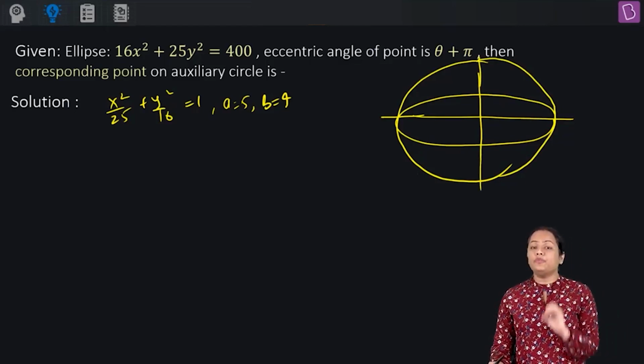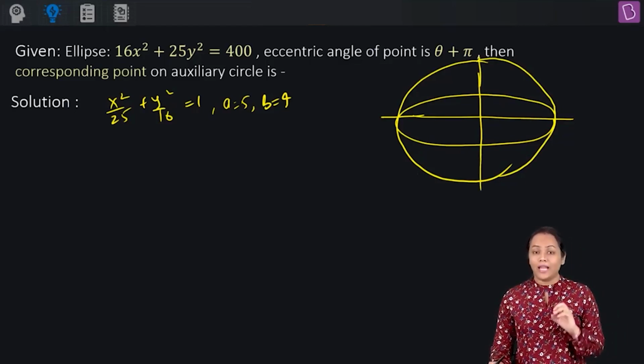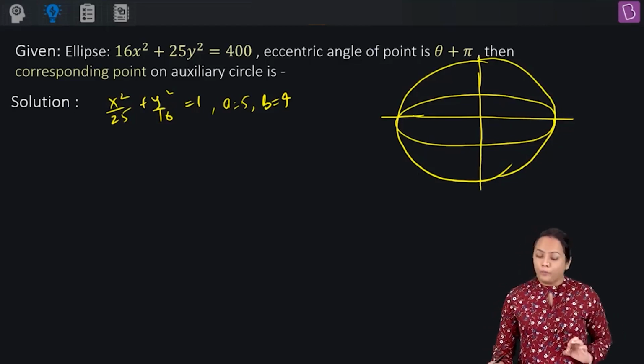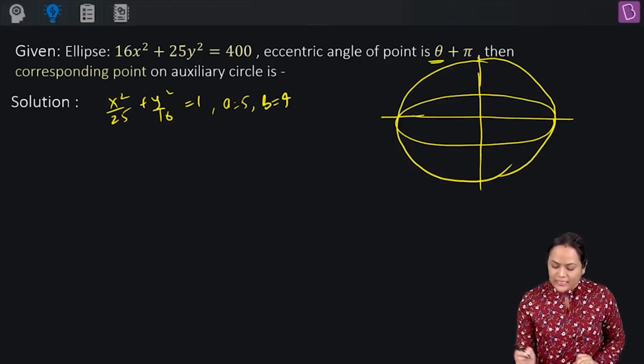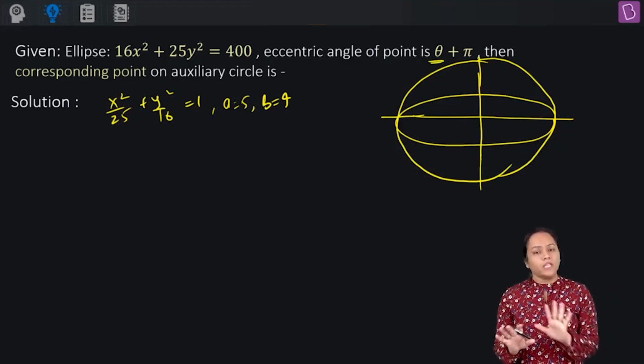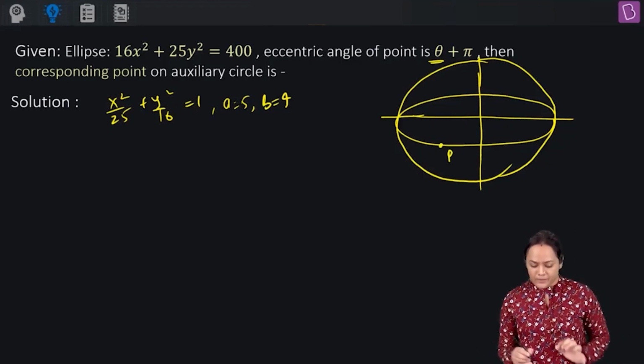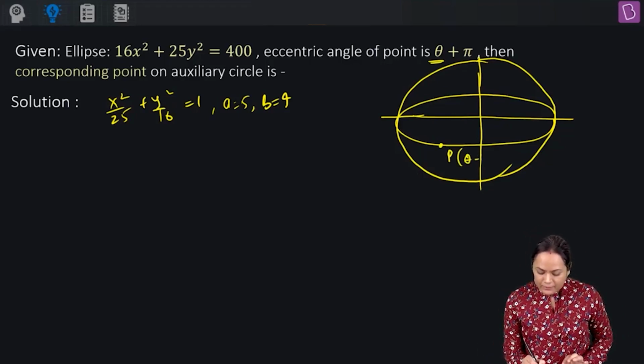Now, I have to find a point on the auxiliary circle, and it is not just any point, it is the corresponding point of a point on the ellipse whose eccentric angle is theta plus pi. So let's draw it. I have a point P here on the ellipse whose eccentric angle is theta plus pi. Right?